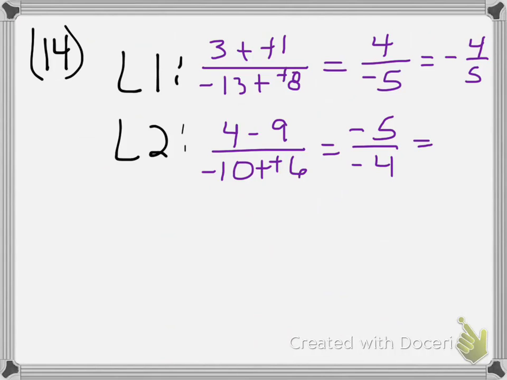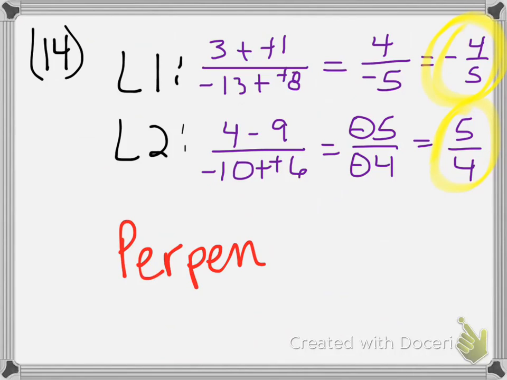So a negative 5 divided by negative 4 makes positive 5/4. Now, compare my slopes. One slope is negative 4/5, the other one is positive 5/4. They are reciprocals of each other, and one's negative and one is positive, so that means these two lines are perpendicular.